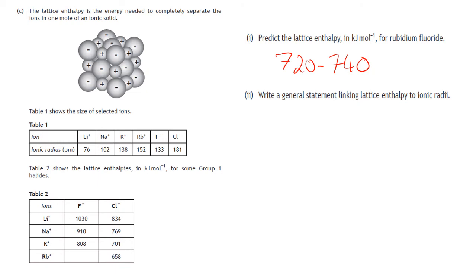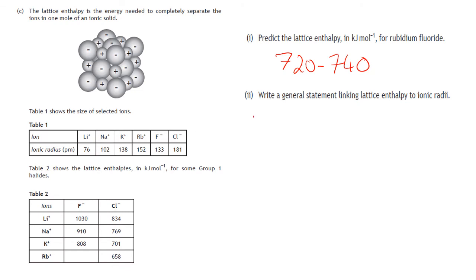The second question is asking to link lattice enthalpy to ionic radius. So the first thing is, a lattice is made of ions, and so the ionic radius is what is going to control the lattice enthalpy.